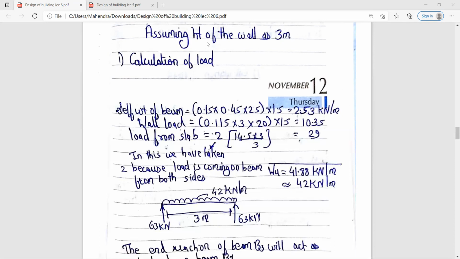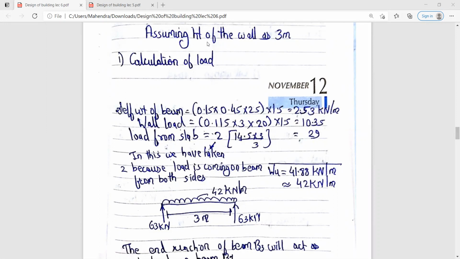So you get the wall load as 10.3. In the question only they have told you that the internal beam support is of 115 millimeter thick and the height of the wall is 3 meter. So that only we are going to consider here. So internal wall is 0.115 thick and 3 meter high, into 20 density, into 1.5. So you get the wall load as 10.35.